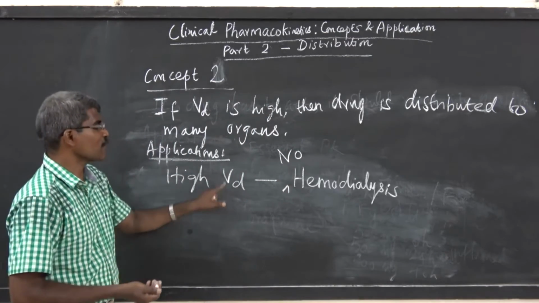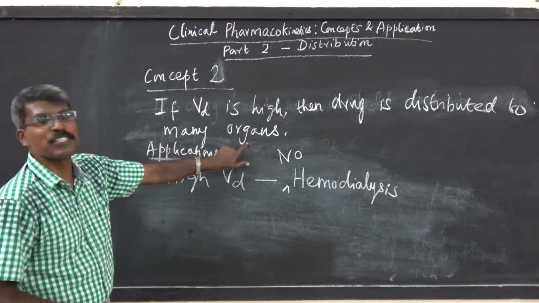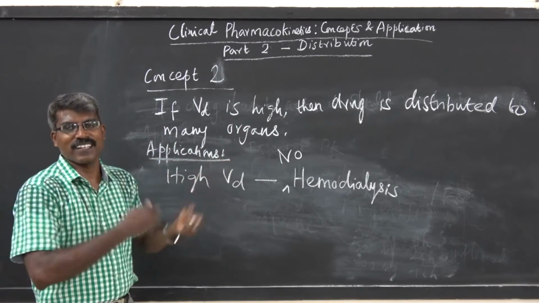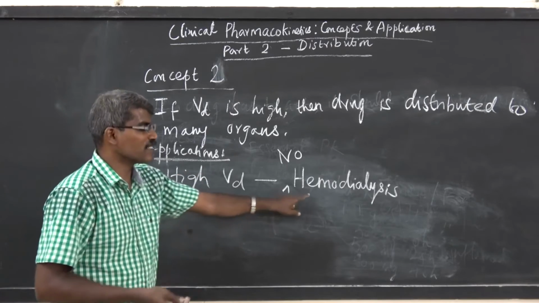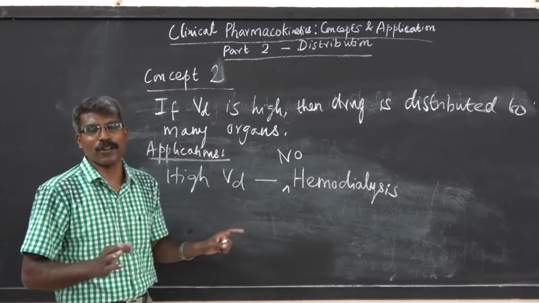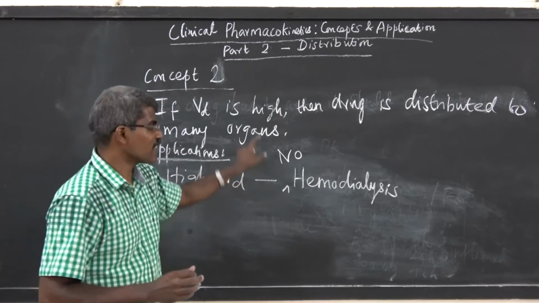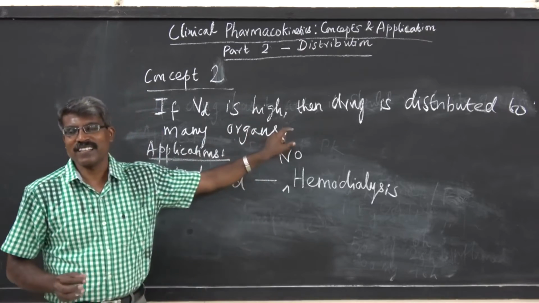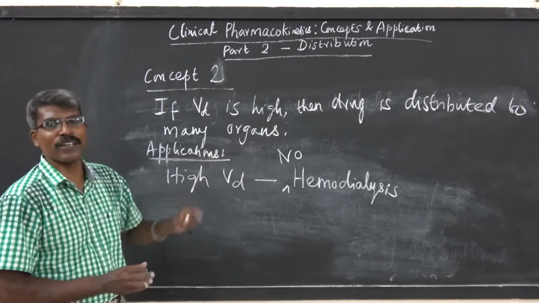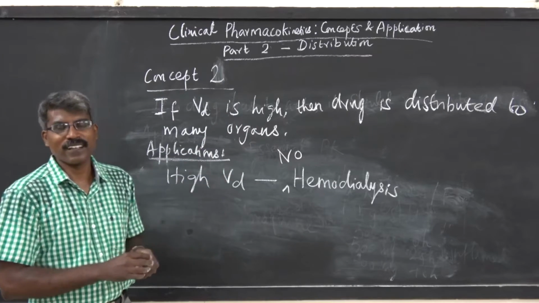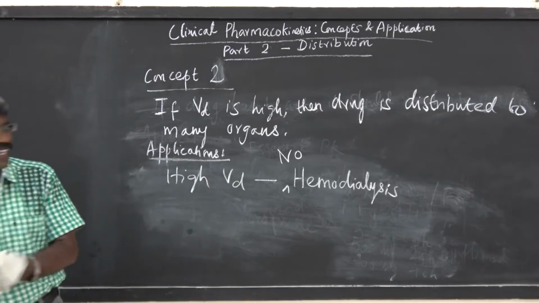Because a high VD means the drug is distributed to many organs. The drug is there in many tissues and organs. So if you just do hemodialysis, it's not going to work at all. So that is another place where this small concept, that a high VD means distribution to many organs, is applied clinically. So that's the second concept.